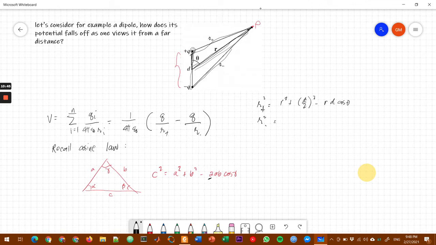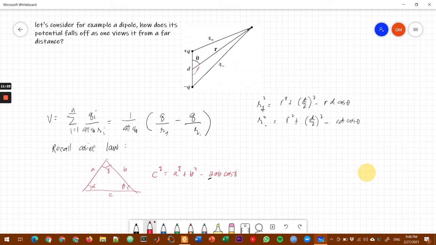So for R minus squared, we have the same formula, the law of cosines, minus RD. Oh, it's not cosine theta anymore, because the angle is different, right? This is theta, the angle theta in the picture.